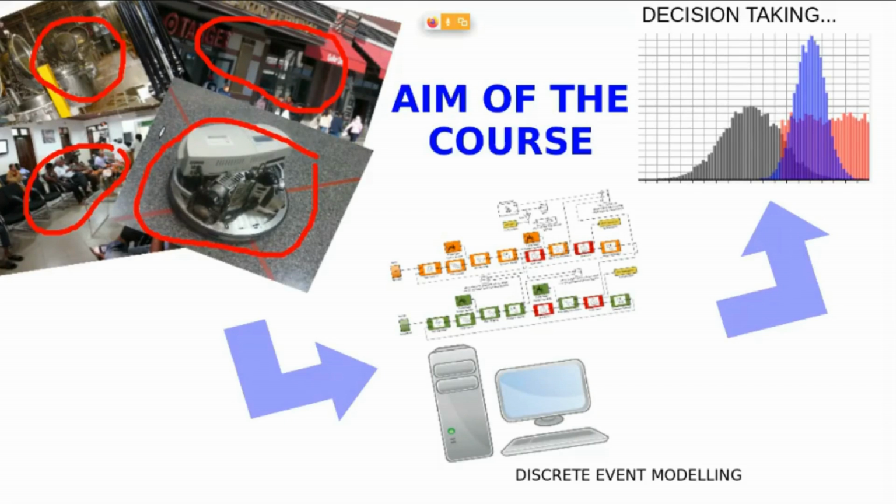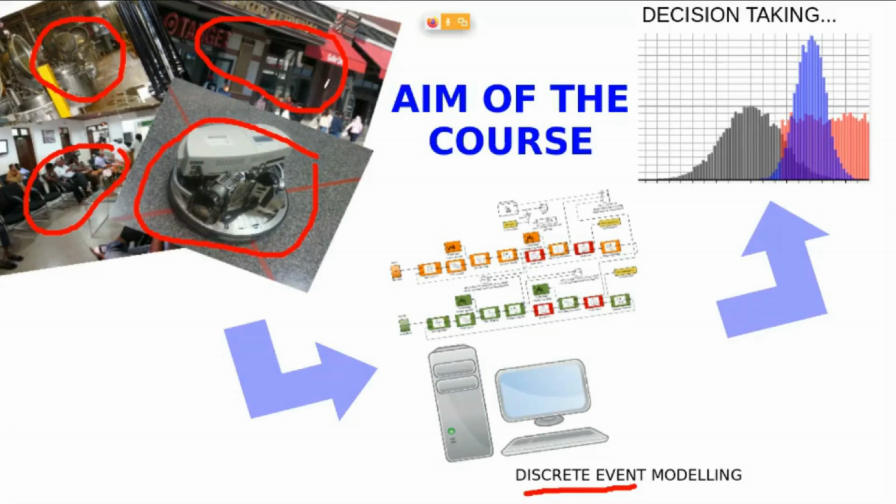What do they all have in common? They all have in common that there will appear discrete events. What do I mean with this? That some things will happen in these processes depending on probability density functions.